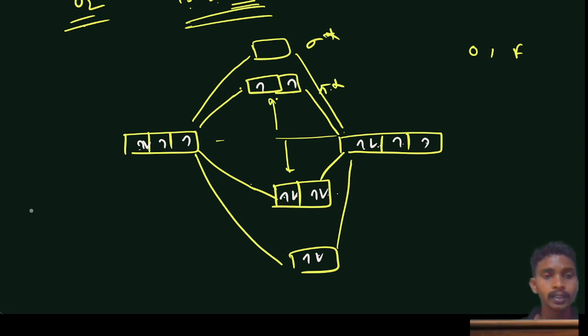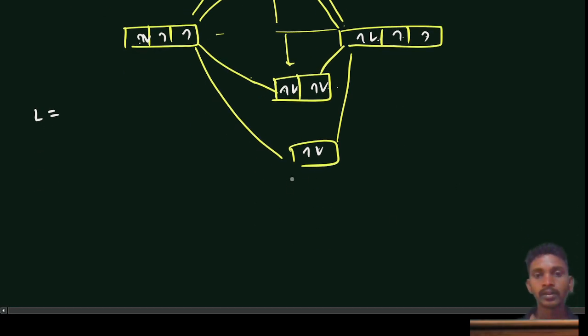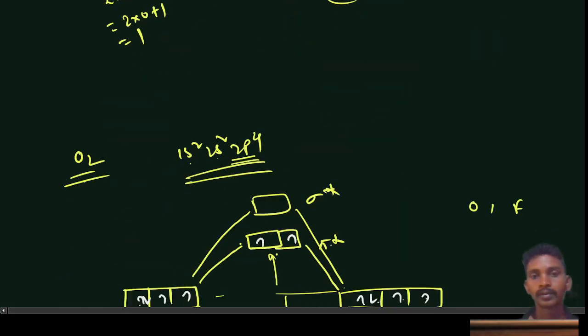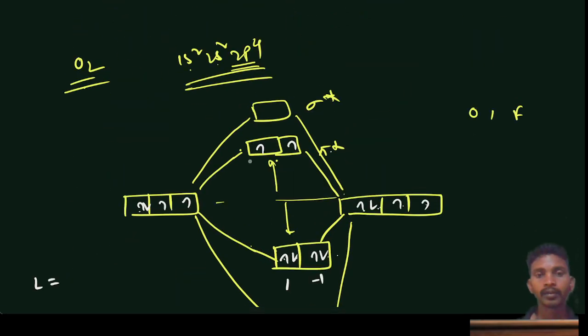First we will calculate the L values. Whenever it is sigma, that is always 0, then this is 1, this is -1, this is 1 and -1, and this is 0. Sigma will always be 0 for the L value also.